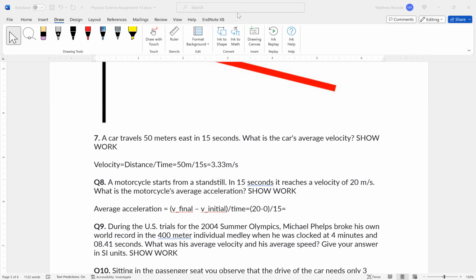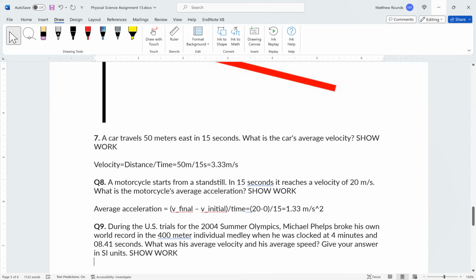It's 1.33. Wait, sorry, not 3.33, 1.33 is right. I'm sorry, I did that right, I think. Yeah, 1.33 meters per second squared. Okay. All right.